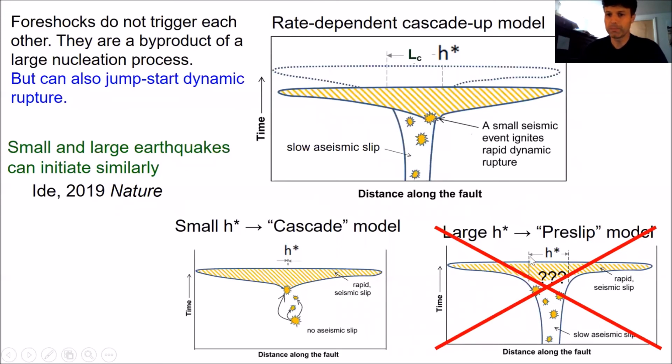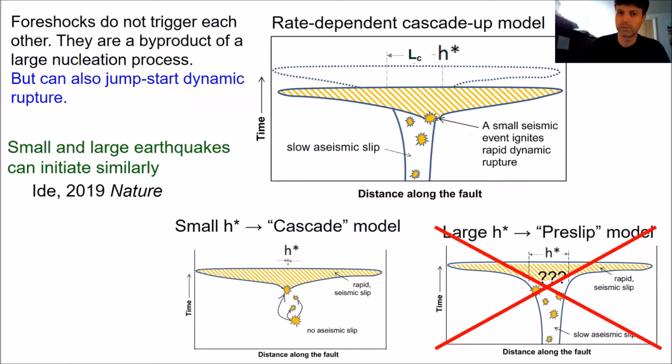So this pre-slip model that we're talking about, it doesn't actually make much sense as long as you include realistic heterogeneity. If you do, it means that these small seismic events can actually jumpstart a large rupture. So sure, you can have a cluster of seismic events that are collectively driven by some aseismic slip, but the aseismic slip may or may not be the nucleation process of some earthquake.